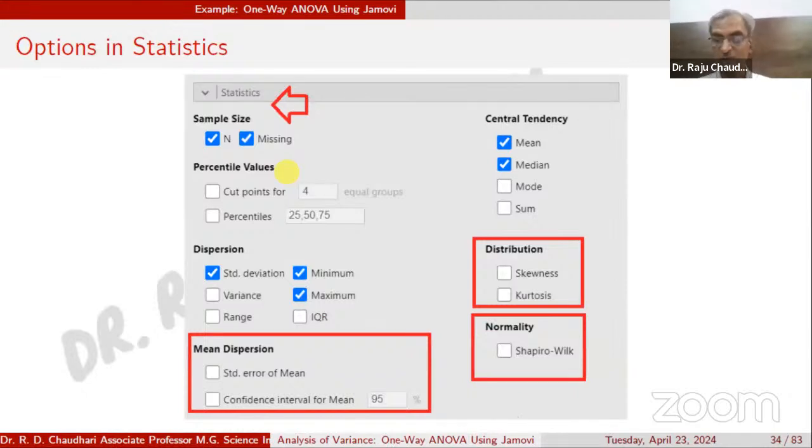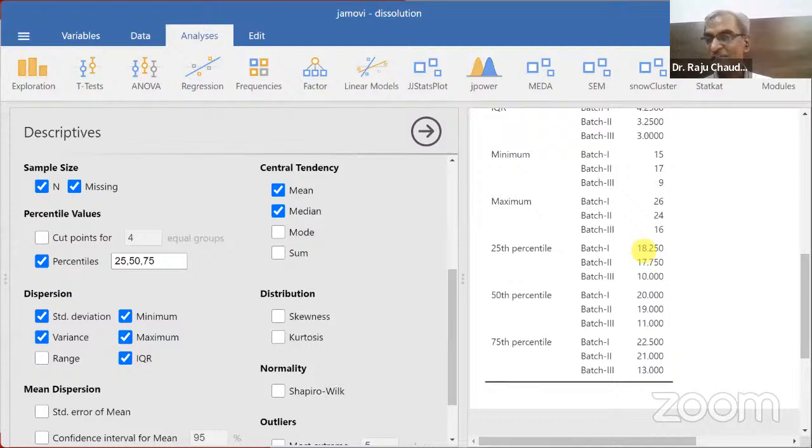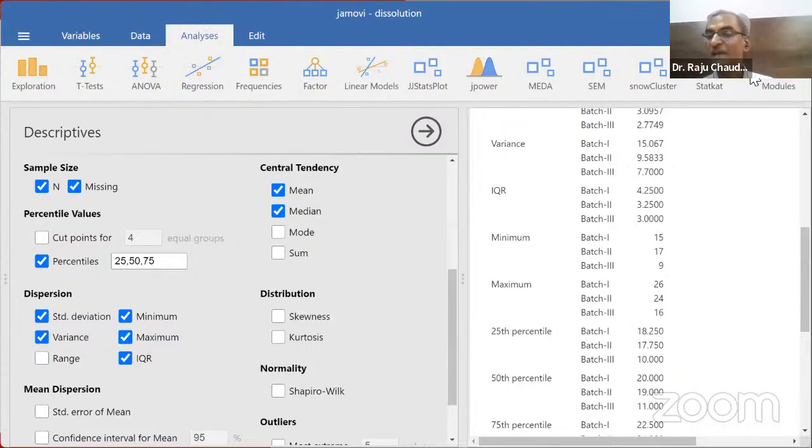So as per the requirement, as we know, we want to check the normality also, right? To check the normality, we have to use the Shapiro-Wilk test. So again, as I told you, compared to SPSS, why is Jamovi more user friendly? Because already I have carried out the analysis.